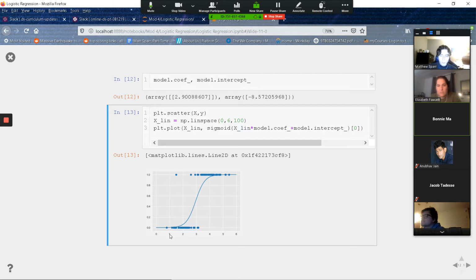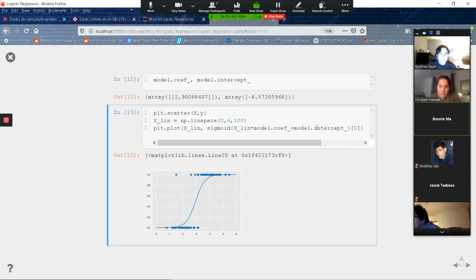What do you mean negative? Oh, but that's getting passed into the sigmoid function, so that gets transformed to between 0 and 1. If our x was 0, our coefficient wouldn't matter.